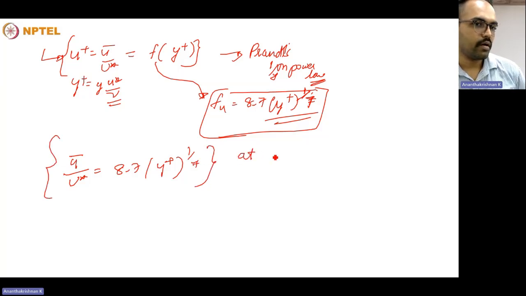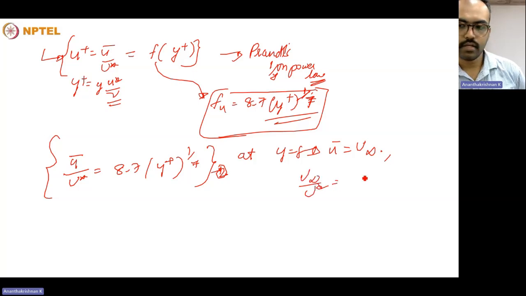So at y equal to delta, u bar will be equal to u infinity. This can be written as the second equation. Then u infinity divided by u star is equal to 8.7 times y plus, where y plus is y into u star divided by mu.